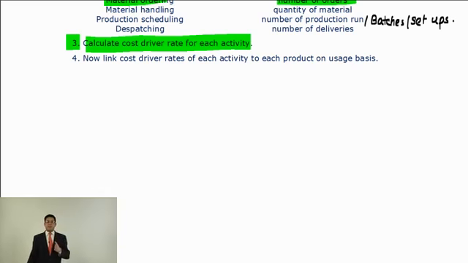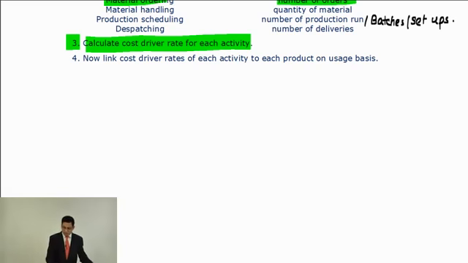The only difference is that one overhead absorption rate is calculated for one organization, whereas a number of cost driver rates can be calculated based upon the number of activities. So if we have 5 activities within an organization, we will calculate 5 cost driver rates. If we have 20 activities of a production process, we will calculate 20 cost driver rates. So for each activity, we will calculate a separate cost driver rate.